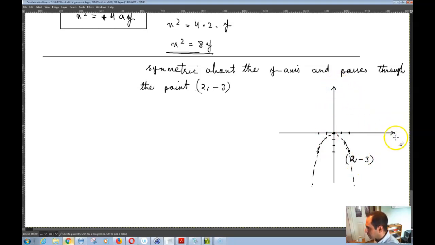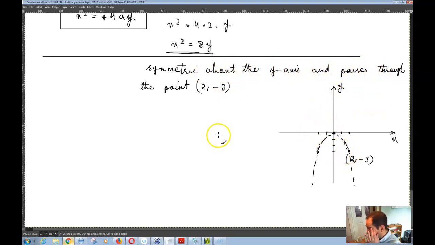So now this is the x-axis and this is the y-axis, and all I know is that it's symmetric about the y-axis, and it passes through this point.